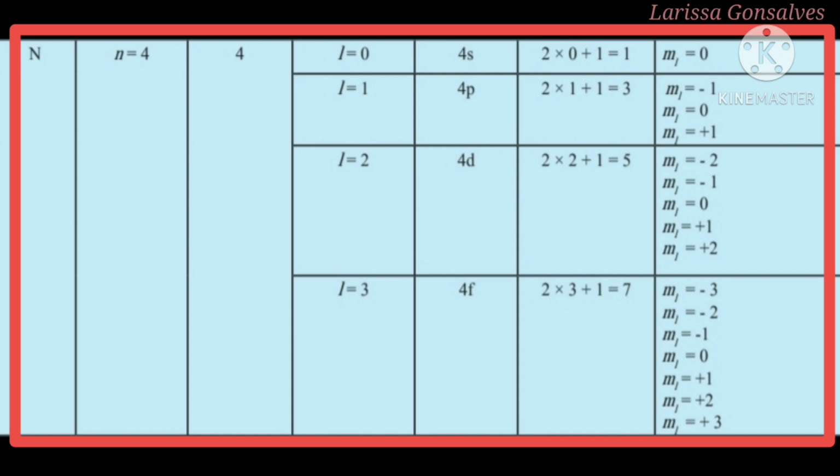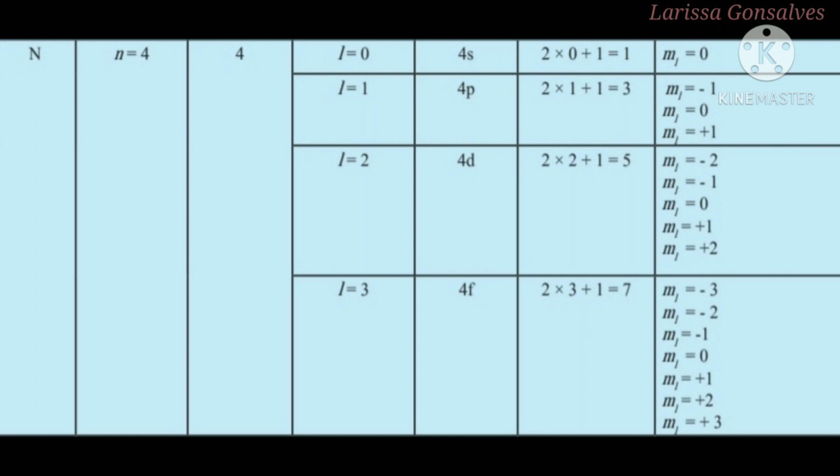So, we need to have 5 values of M, which will correspond to -2, -1, 0, +1 and +2. And when the azimuthal quantum number is equal to 3, we get the answer as equal to 7. So, now we need to have 7 values of the magnetic quantum number, which are -3, -2, -1, 0, +1, +2 and +3 respectively. So, this is how you do the calculation when you are asked to calculate the magnetic quantum numbers, azimuthal quantum numbers or the principal quantum numbers.